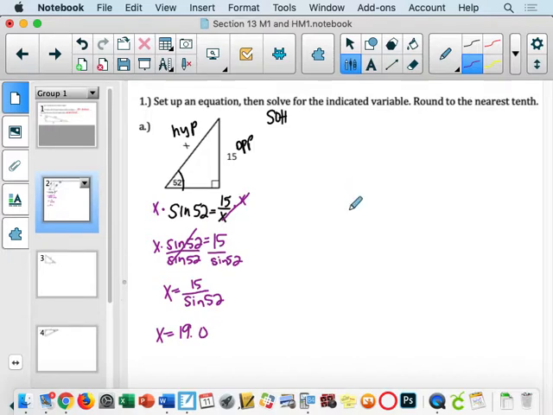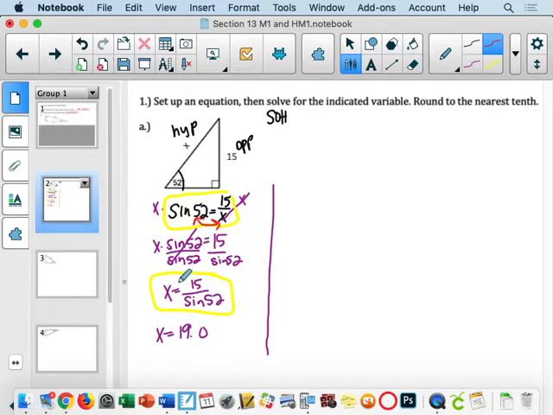So let me just take a couple more seconds here and talk about this. Let's think about what we had to start with. We had sine of 52 equals 15 over x, and this is what we typed into our calculator. Okay, so what's the correlation here? Something that I will share with my students is when x is in the bottom, you can swap them.